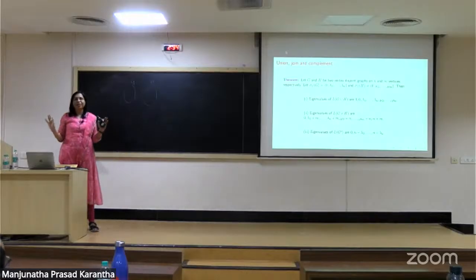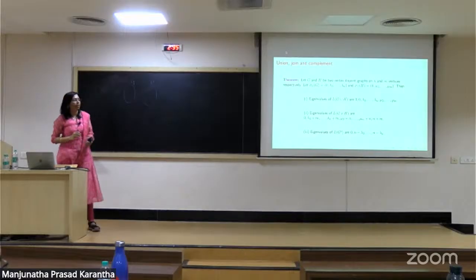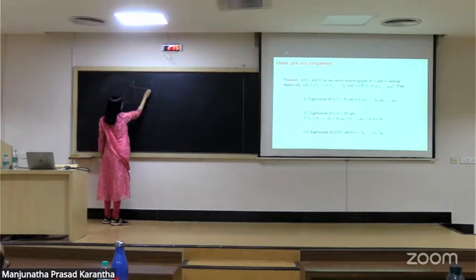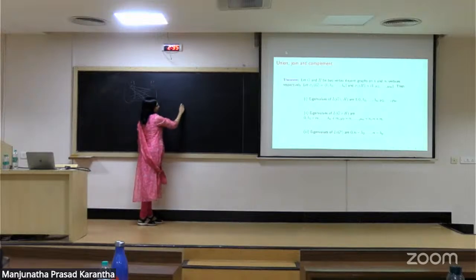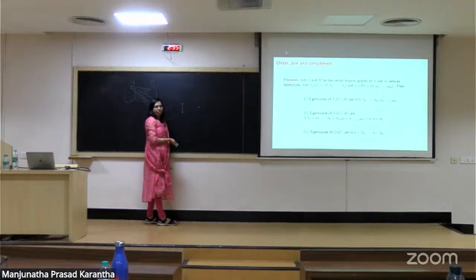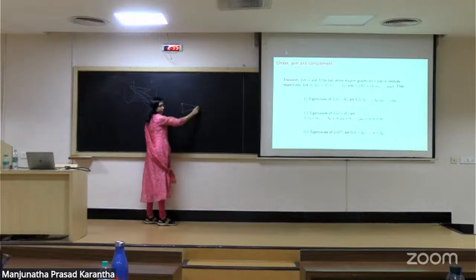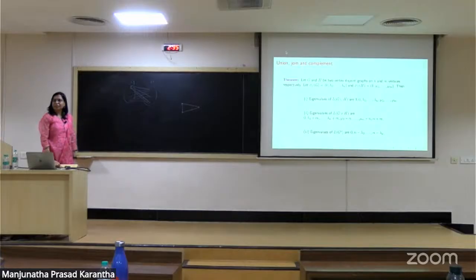You take the union of G and H, so you put one copy of G and another copy of H. Now every vertex of G is joined to every vertex of H. If I take one graph as P2, and the other graph as K1, joining them gives a triangle. So this is the join operation.